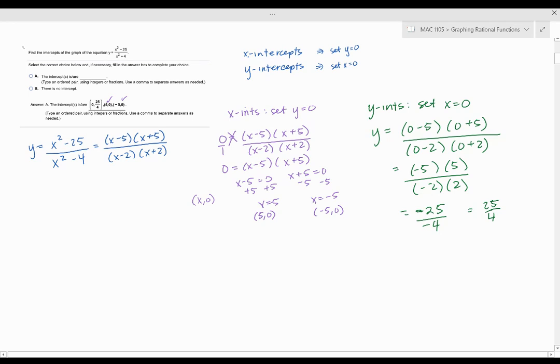So that's my y-intercept. So y-intercepts, remember, you write them in the form 0 comma y. Okay, so this answer would be 0 comma 25 over 4. Okay, so you just found your x and y-intercepts. So for this particular problem, you would select the first answer, and then you would list your ordered pair as such. All right, cool.